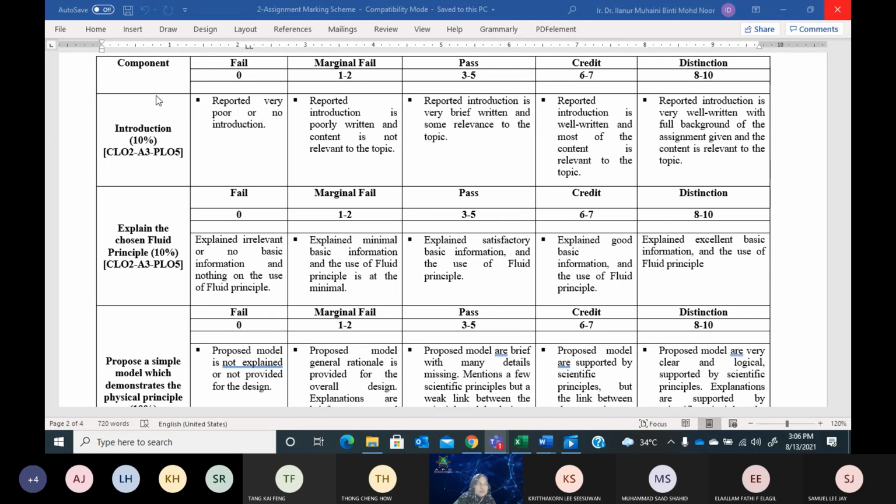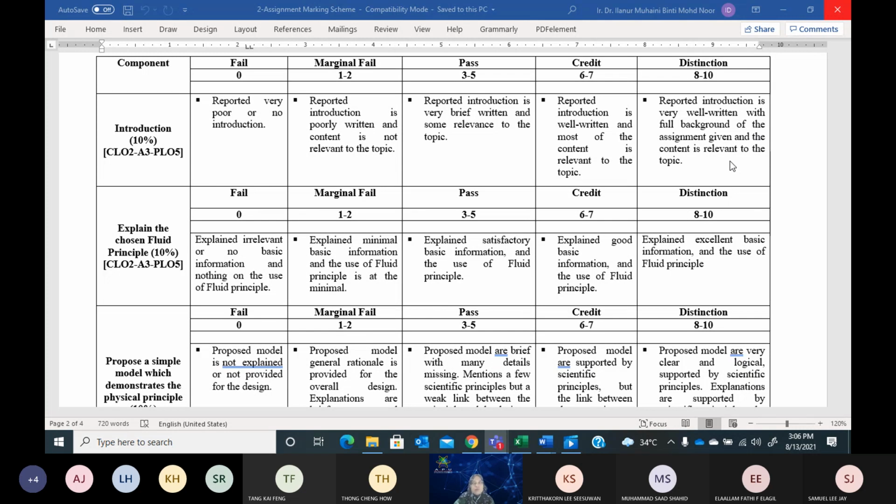For the introduction, if you want to fall under distinction, which is between 8 to 10 marks, you will be doing a report whose introduction is very well written with full background of the assignment.